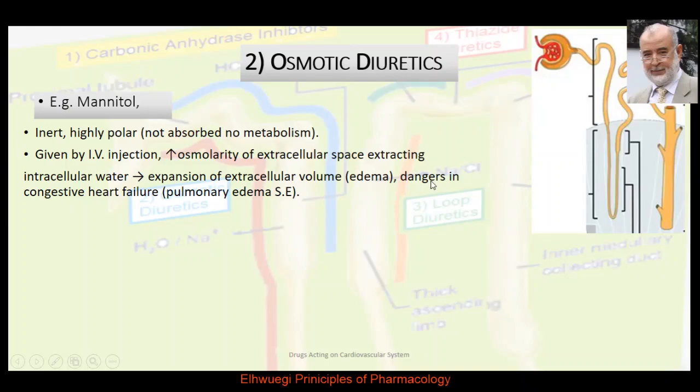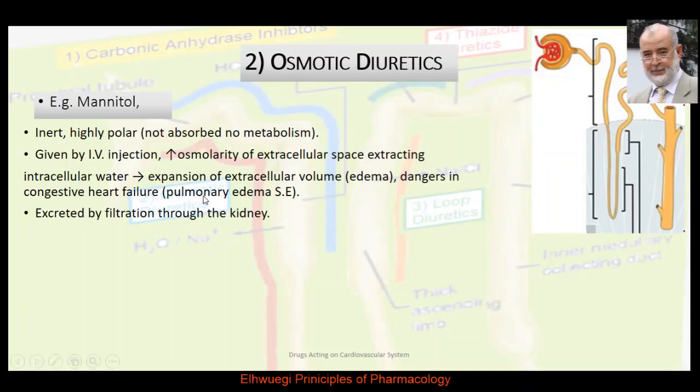Of course, this is dangerous where the person is suffering from edema, like in cases of pulmonary edema. So these drugs, when they are given intravenously, increase the osmotic pressure of the extracellular space, removing water from inside the cell, and this will result in tissue edema.